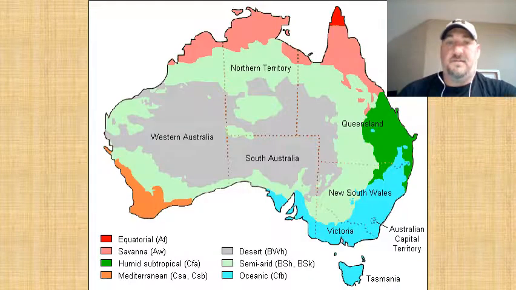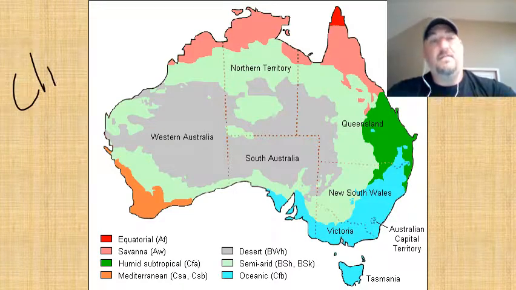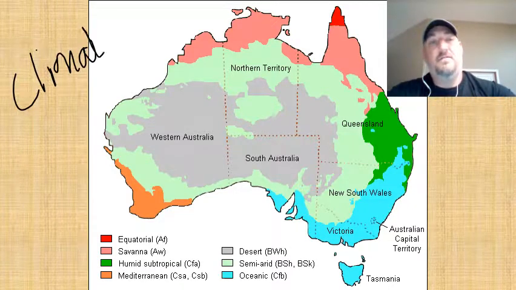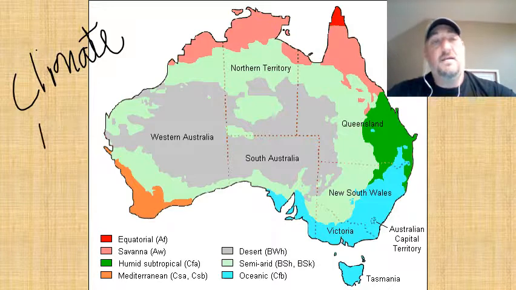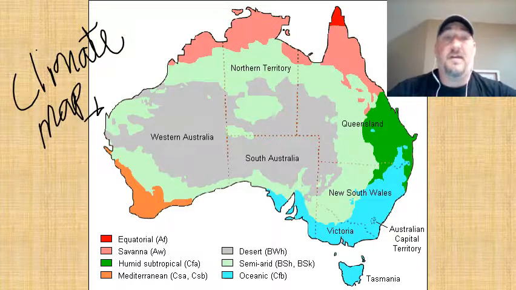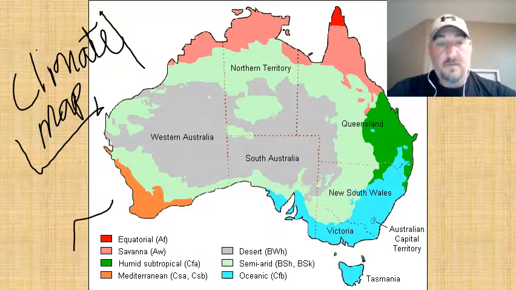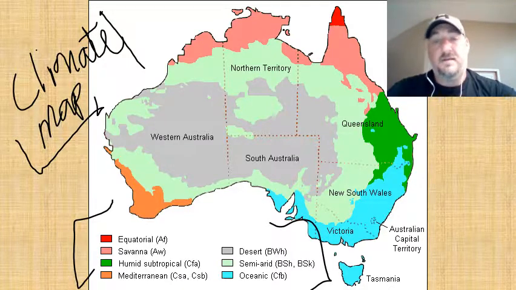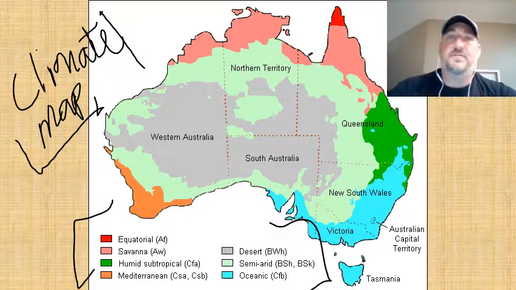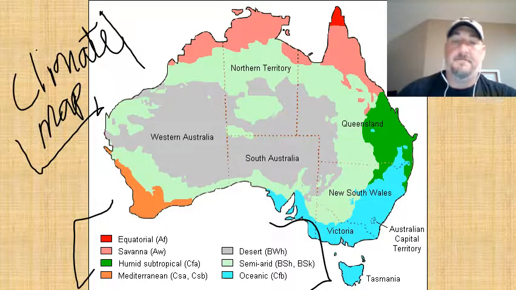So we'll look at a couple examples here. There's not a title here, so unless we know what it is we're looking at, the information isn't going to mean a whole lot to us, but we are looking at a climate map of Australia. We have our key or legend down here to help us decipher what the different colors mean.